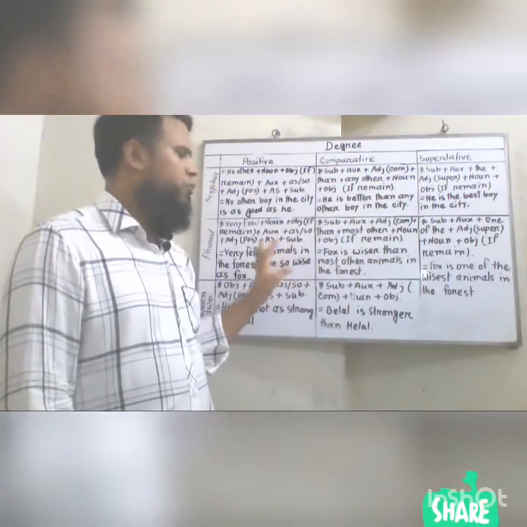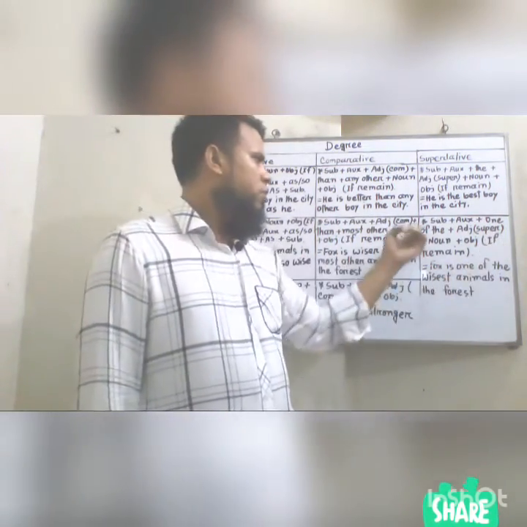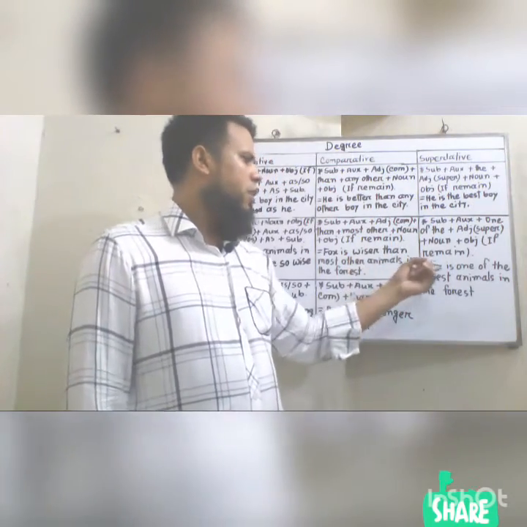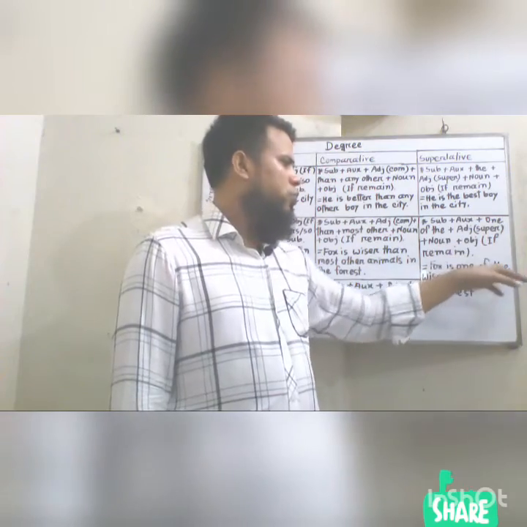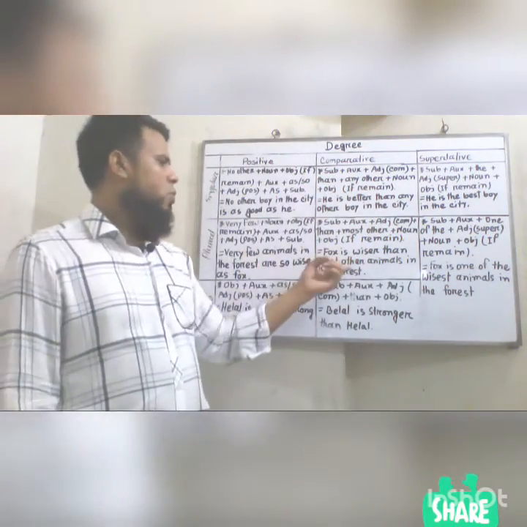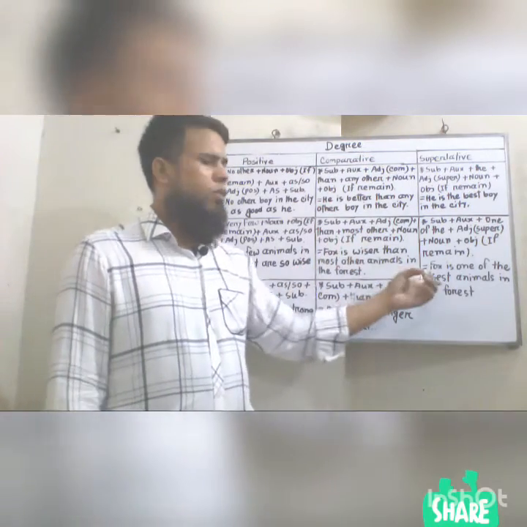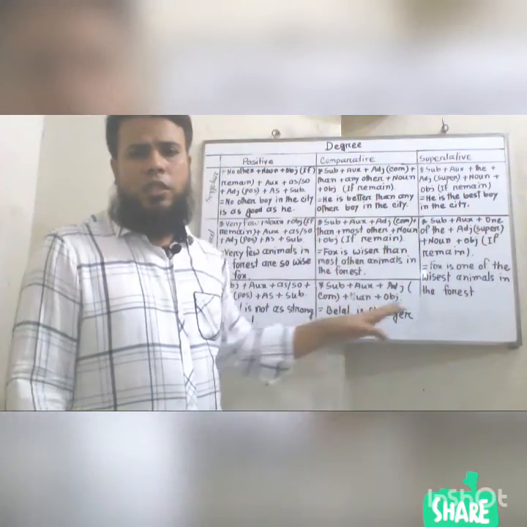For example, subject fox, auxiliary is, and according to the rule one of the, and then wisest, wise, wiser, and then wisest, and the noun animals, finally object in the forest.